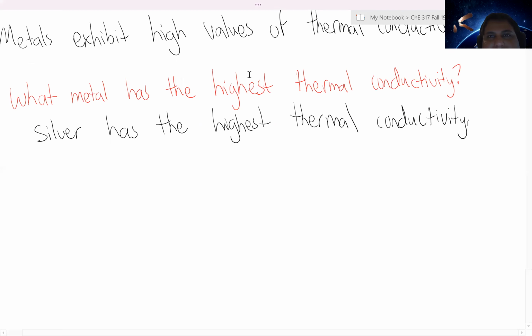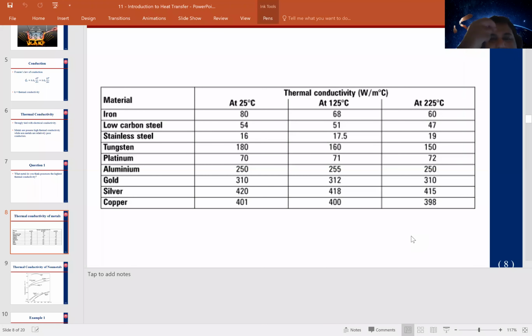And so, just for added context, you can have a list of some of the comparisons between metals. Tungsten's reasonably high, gold's pretty high, and copper and silver are close. However, silver does have a higher thermal conductivity in pure performance.